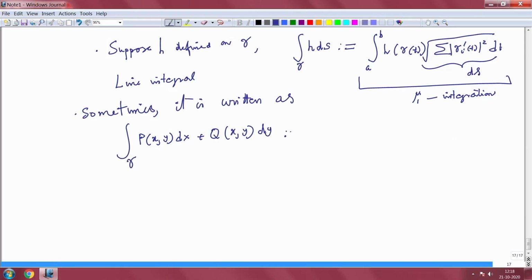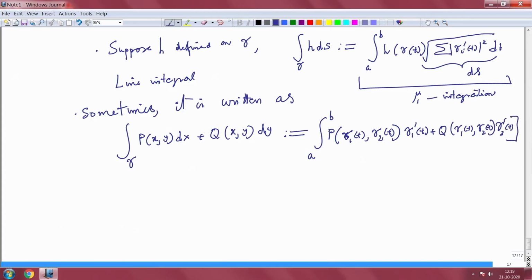By definition, this is the integral from a to b, where p and q are functions defined on that curve or in a domain surrounded by it, of p of gamma 1 of t, gamma 2 of t, times gamma 1 prime of t, plus q of gamma 1 of t, gamma 2 of t, times gamma 2 prime of t, dt.